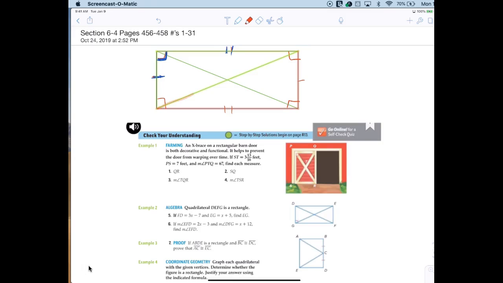If I was asking you to prove that diagonals are congruent, you could easily say the diagonals are congruent because of what? Side angle side. Yes, we would first say that the triangles are congruent by side angle side, and then you would say that the diagonals are congruent by CPCTC.